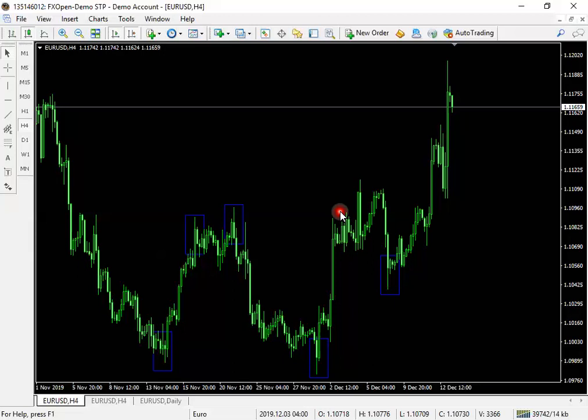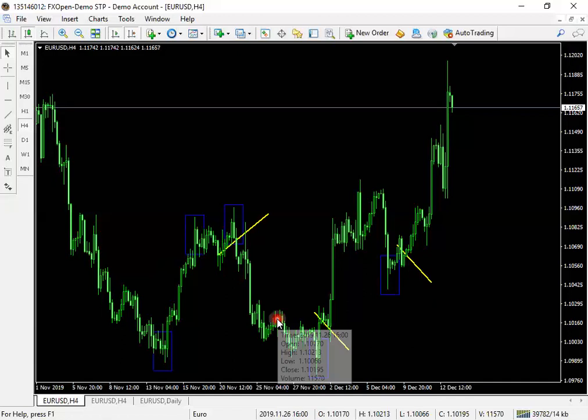When this happens, we want to be able to say, this is a high probability trade setup, therefore I'm looking to go short over there, and here I'm looking to go long, and also here I'm looking to go long, and so forth.